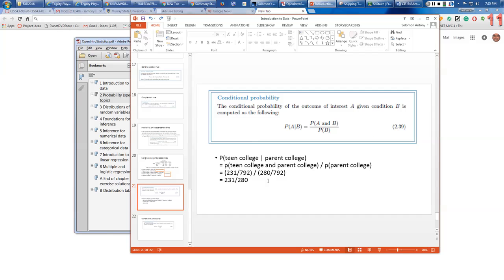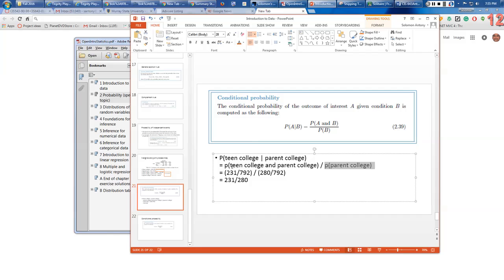To calculate that, you simply use this formula: probability of A given B is the same as probability of A and B over probability of B. So the numerator is the probability of teen college and parent college, divided by the probability of B, which is the probability of parent college.